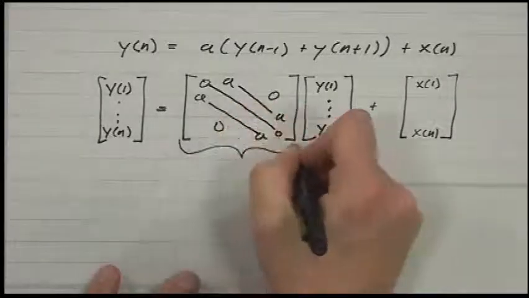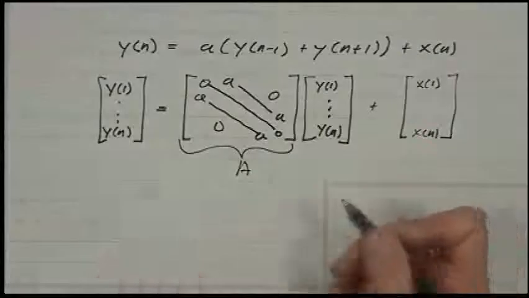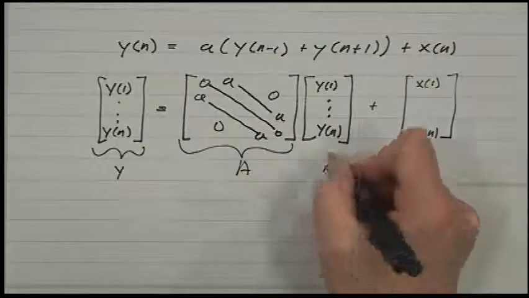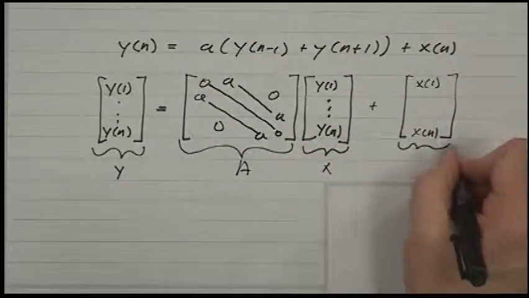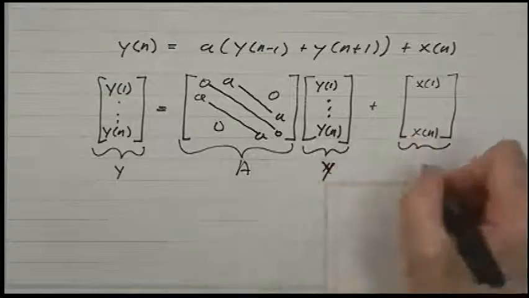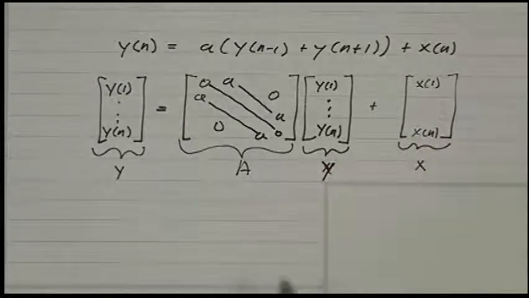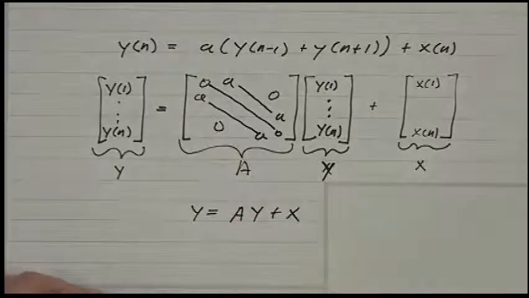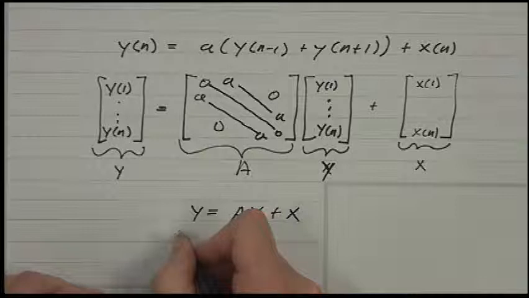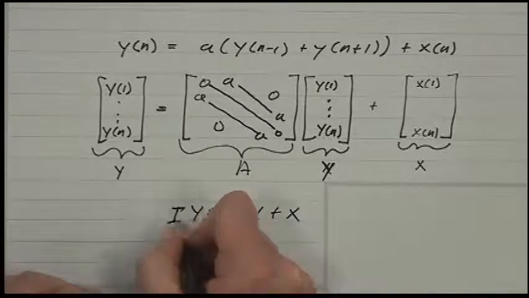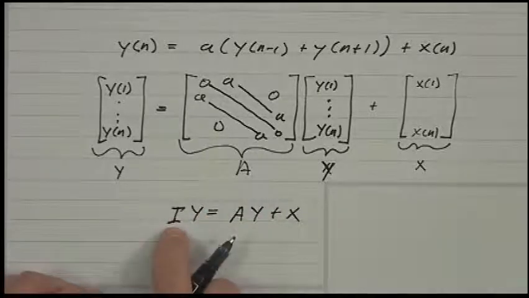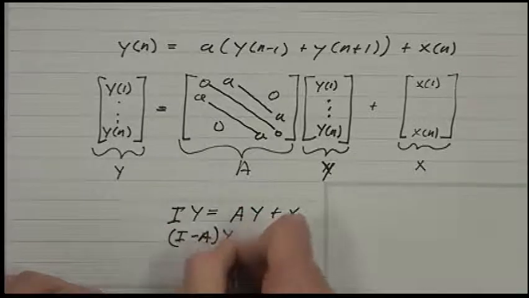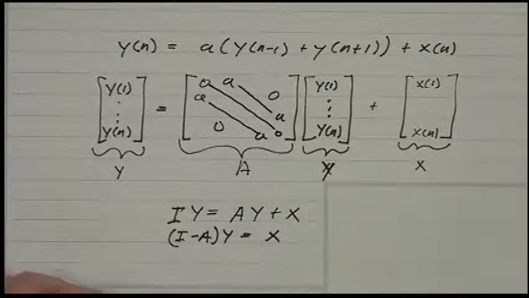And then this is A, this is Y, this is X. The equation here is Y equals AY plus X, right? So this is also I times Y, where this is the identity matrix. So this is going to be I minus A times Y is equal to X.